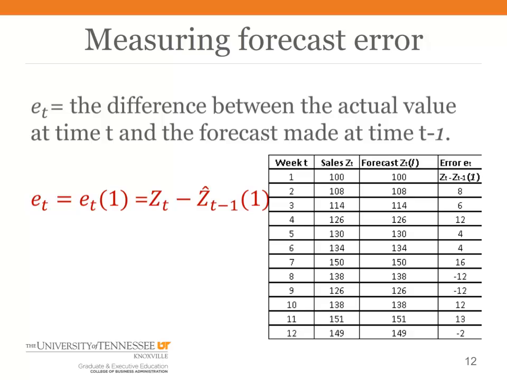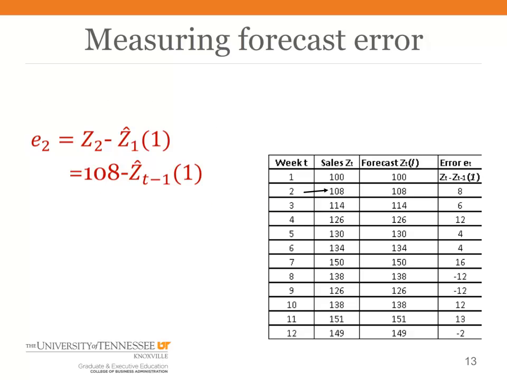So if you look over in the little spreadsheet there, you see that in time 2, I observed an actual of 108, but the forecast that I made one period earlier was 100, so I take the actual minus the forecast and get an 8. In period 3, the actual was 114, the forecast of one period earlier was 108, so the difference of 6 is the forecast error.